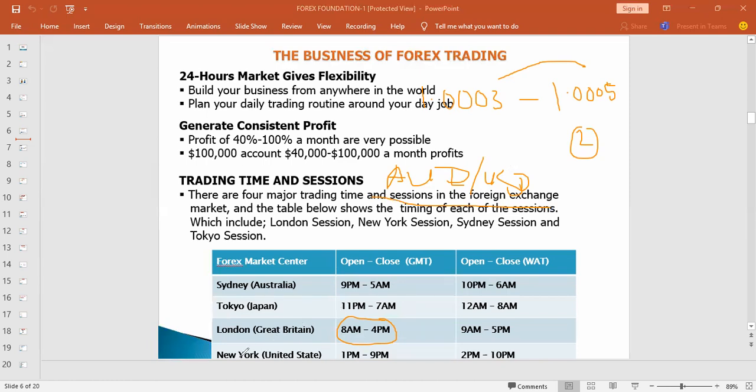It's probably during the New York session right here. I hope this is clear. So either of these currency pairs can move faster during the Australian session and the US session. I hope this is clear, sir.